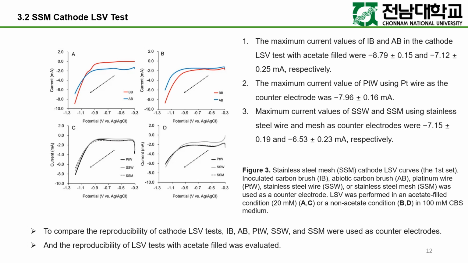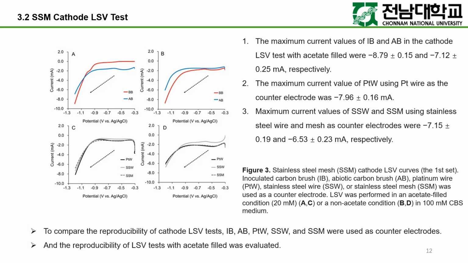The maximum current value of point W using point wire as the counter-electrode was -7.96 ± 0.16 mA. Maximum current values of SSW and SSM using stainless steel wire and mesh as counter-electrodes were -7.15 ± 0.19 and -6.53 ± 0.23 mA, respectively.